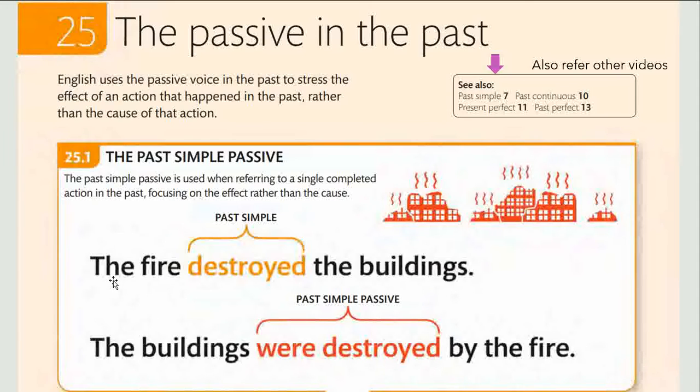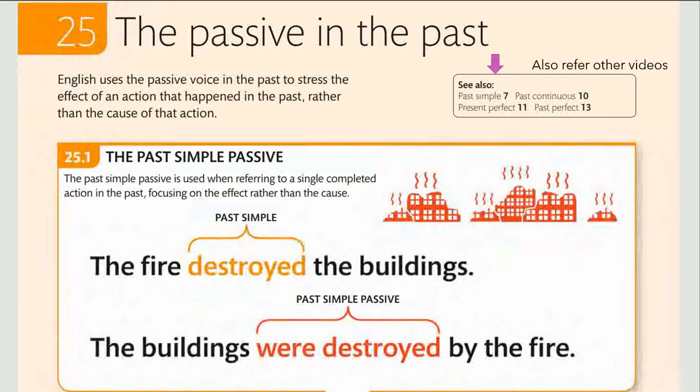The first sentence is in active voice. The fire is doing the action, so it is an active voice. We look at the verb and determine that it is simple past. We interchange the object of the sentence to the subject and the subject to the object, and then we have the passive voice.